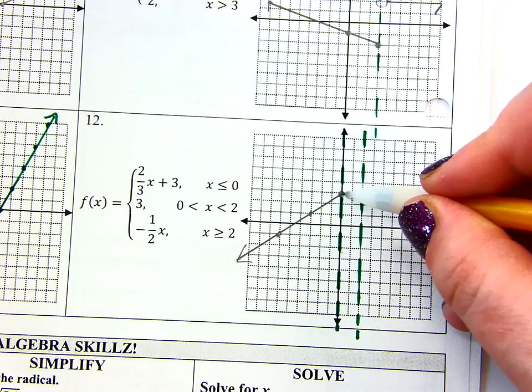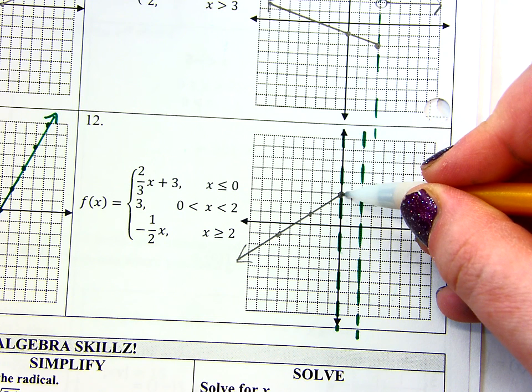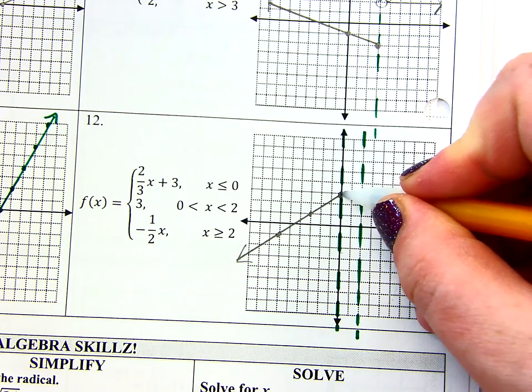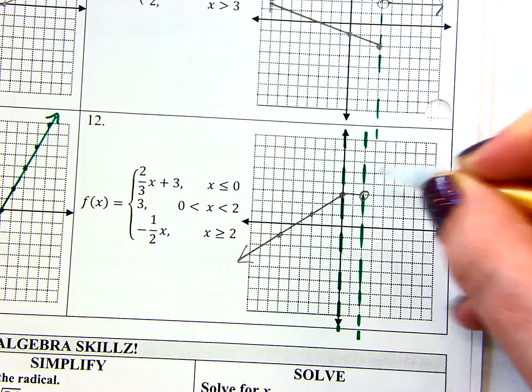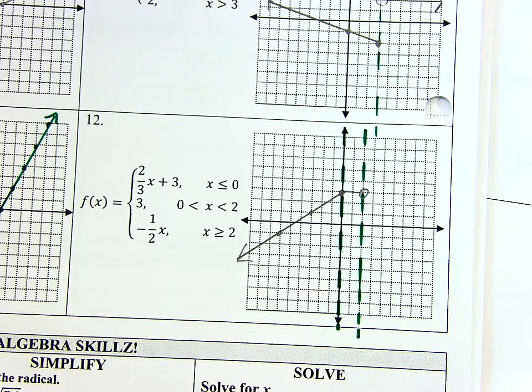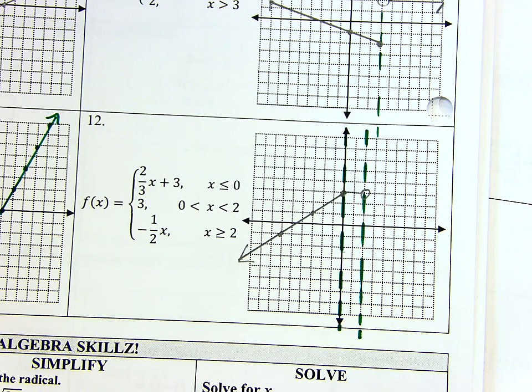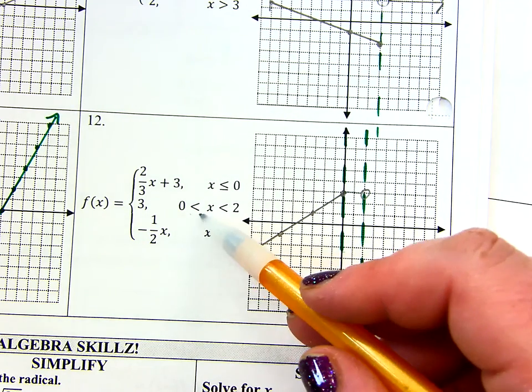Now, here's one of those times. I would normally put an open dot there, but there's already a closed dot. If I have a closed and an open in the same spot, you just leave it filled in. So it's just going to stay solid. And then on this side, I'd have an open dot. The reason for that answer, even though that would normally be an open dot for this guy, it doesn't matter.